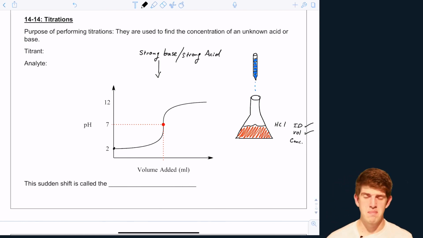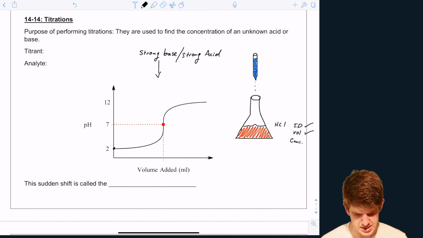And for your exam, I wouldn't worry too much about weak acid and strong base, or strong base and weak acid, all the different combinations, because it's not going to matter too much about the technicalities of those graphs and what they look like.